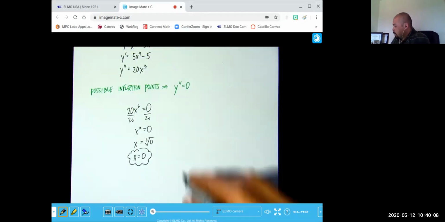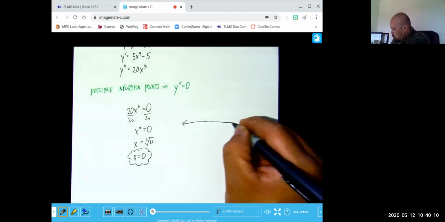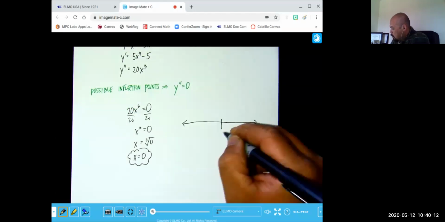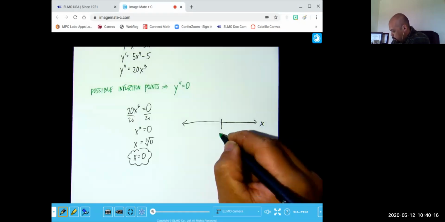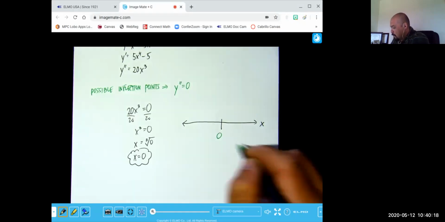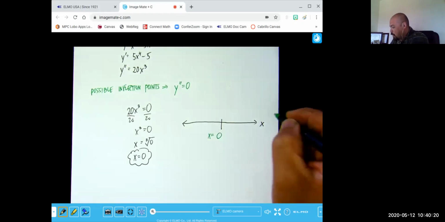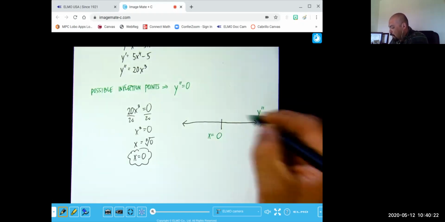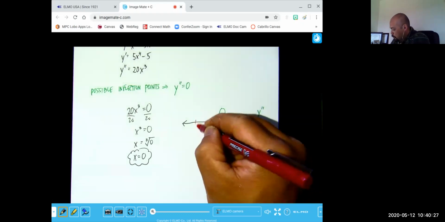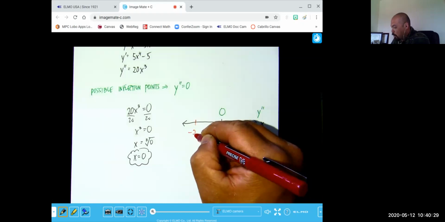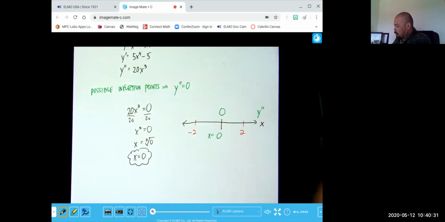So in this case, looking at that location of our possible inflection point, our sign of our second derivative, right? Our derivative is 0 here. But now when I start to look at, okay, and again, we can use the same test values on either side of that 0.